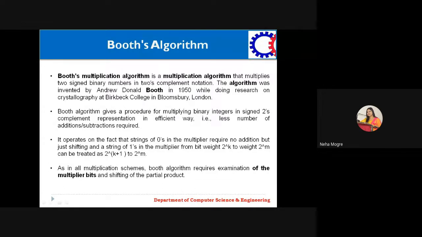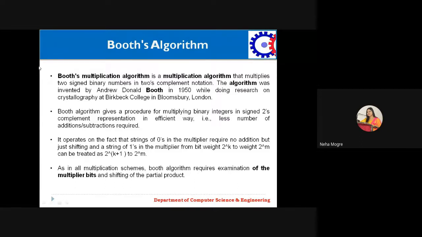This Booth's multiplication algorithm is specifically designed for the multiplication of signed binary numbers. Now these signed binary numbers we have to handle in the 2's complement notation. We are going to see the example, and there you will get the idea of how we are going to do this particular process.